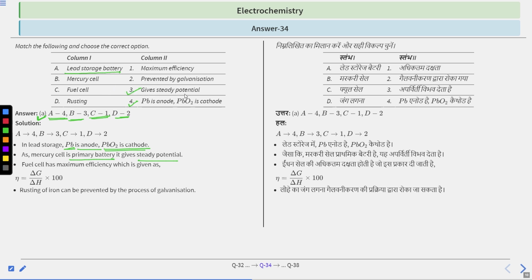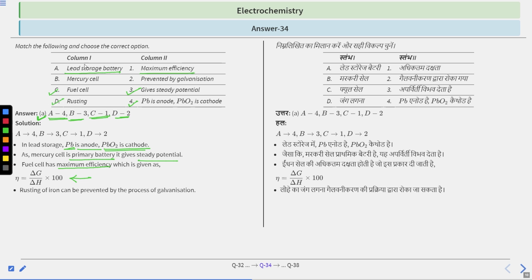Now C in column 1, the fuel cell, has maximum efficiency, which is given as eta equals del G by del H times 100. This is the efficiency formula for the fuel cell. The fuel cell has maximum efficiency, so C in column 1 is related to the first point in column 2, that is, maximum efficiency.